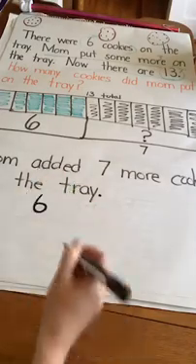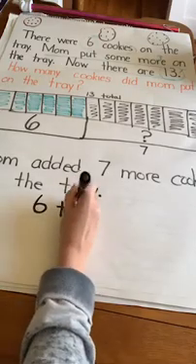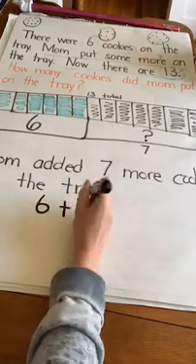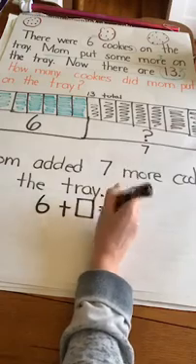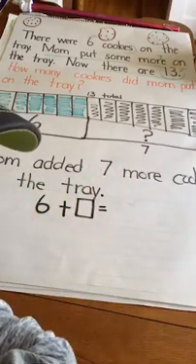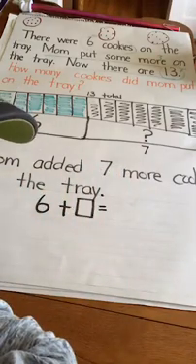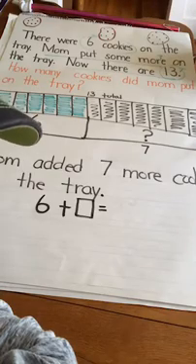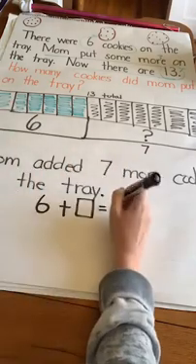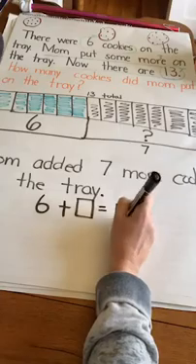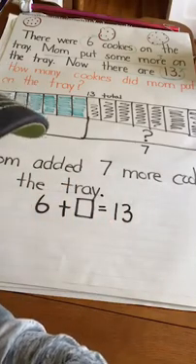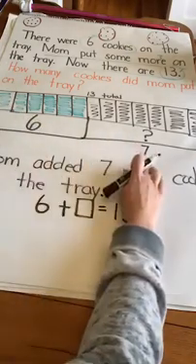Then I'm going to say plus something, my mystery box, equaled, and what was my total? How many did I have to begin with on the tray? The total was 13.